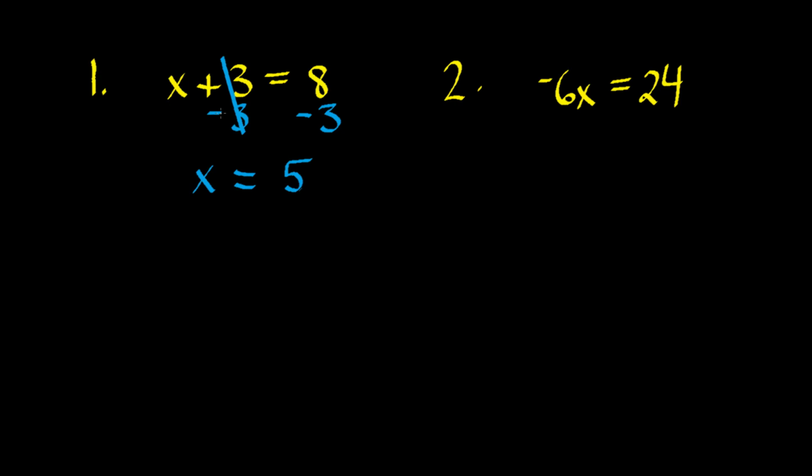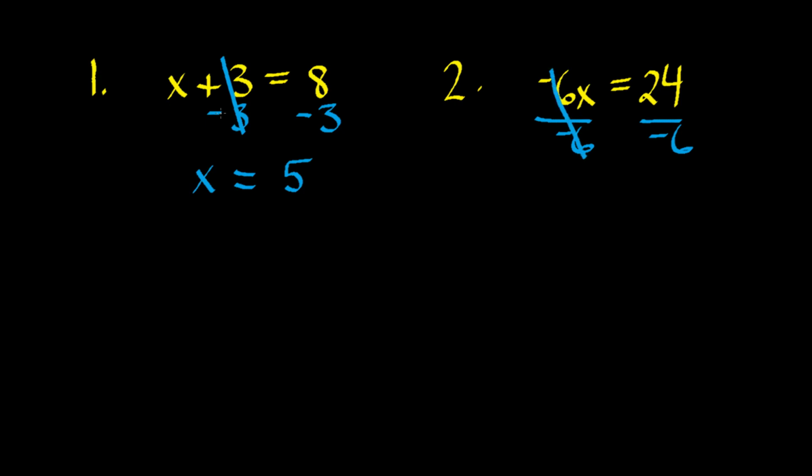We could always check this by plugging 5 in for x and seeing that 5 plus 3 indeed does equal 8. Number 2, negative 6x equals 24. Since negative 6 has been multiplied to x, we need to divide both sides by negative 6 to reverse that multiplication.